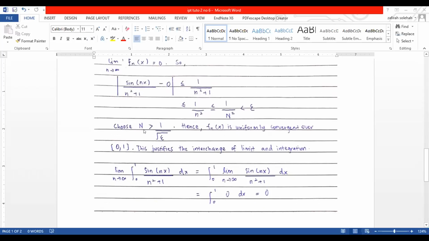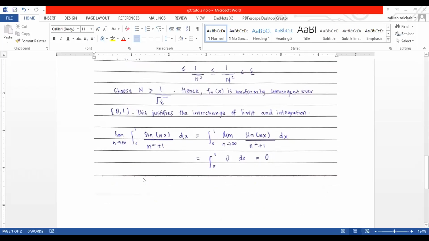We choose n greater than 1 over the square root of epsilon. Hence, fn(x) is uniformly convergent over 0 to 1. This justifies the interchange of limit and integration. And for the limit as n approaches infinity, the integration from 0 to 1 of sine nx over n squared plus 1 will equal 0.